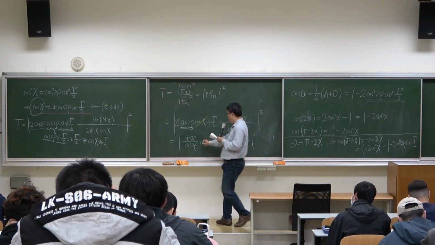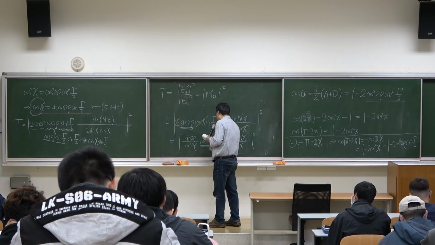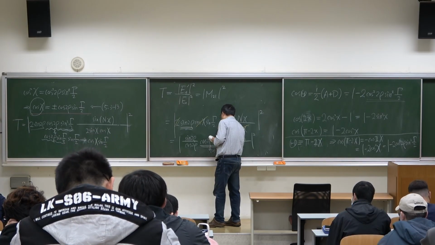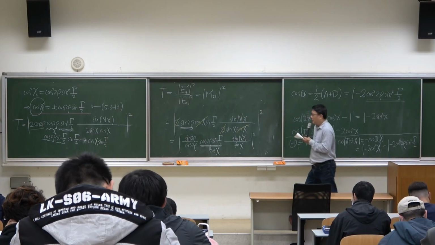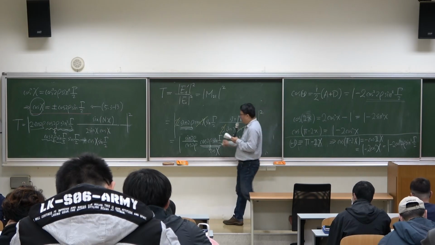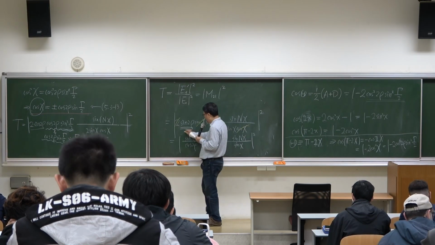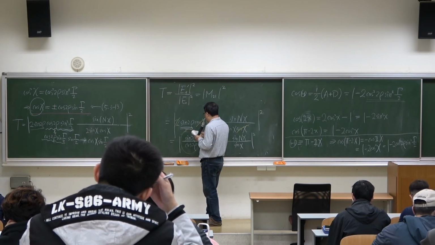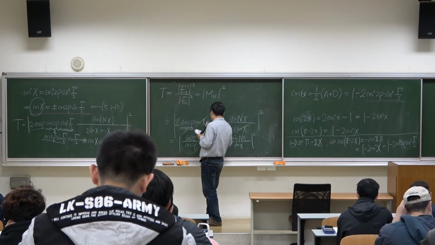And this cosine 2 rho sine half gamma can be replaced by cosine chi. And how about this? This is tangent 2 rho.